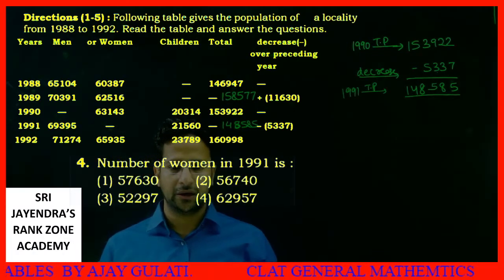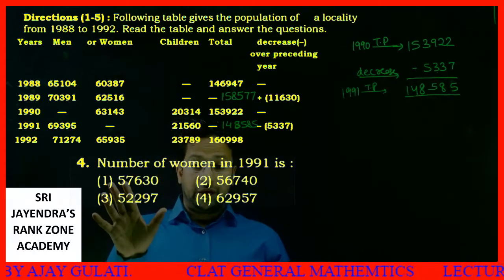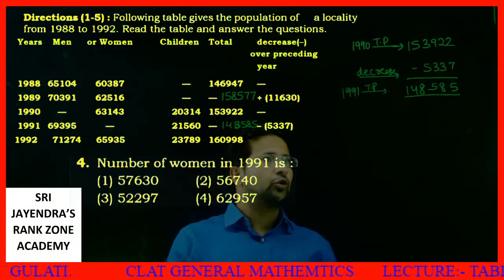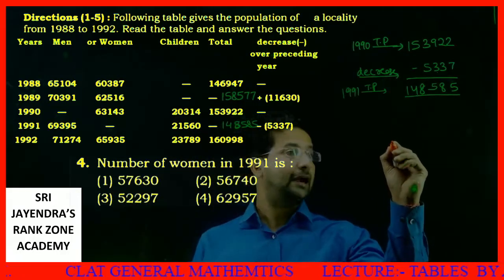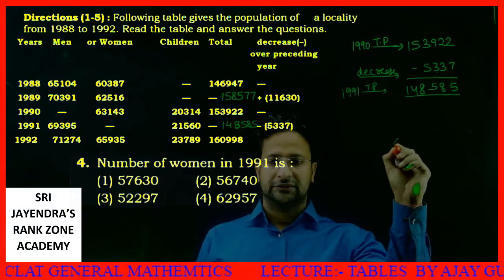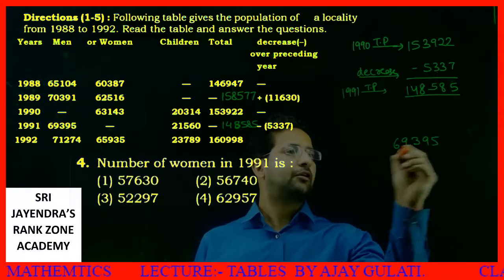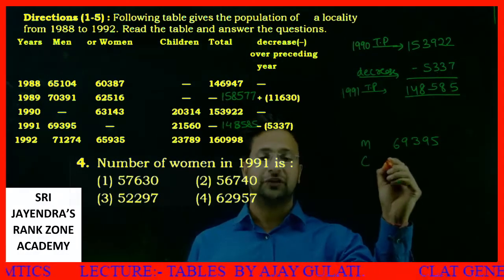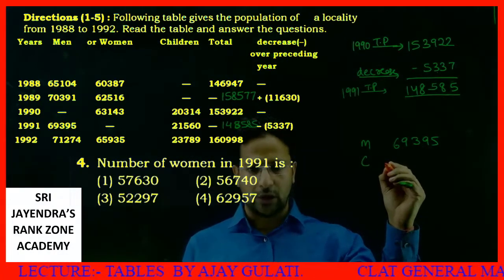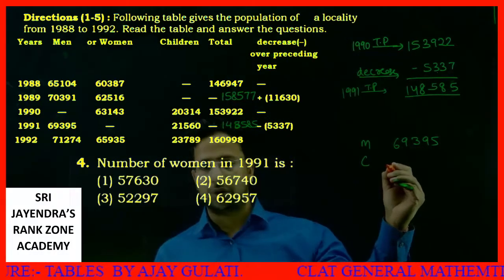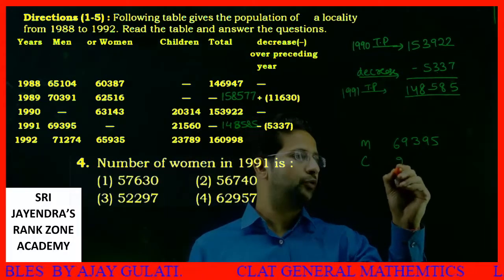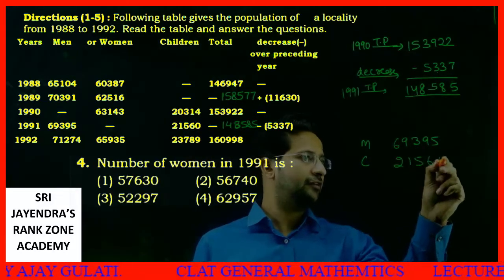Now what do we require? We require total women. So if from this I subtract 69395, this is the number of men. Number of children is how much? 21560.